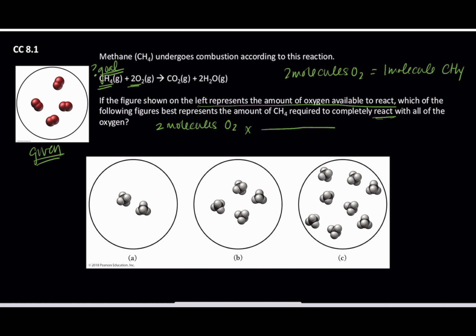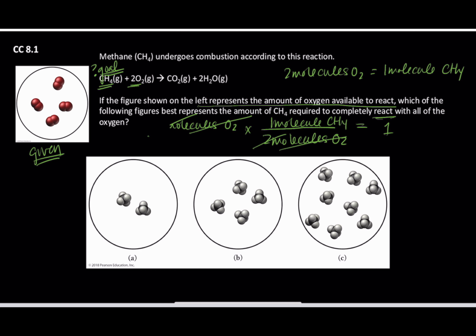So then we'll just fill that in, right? So for every 2 molecules of O2, and for every 1 molecule of CH4, right? Which means that those cancel, that cancels, which means that we would require, oh, not 2, sorry.